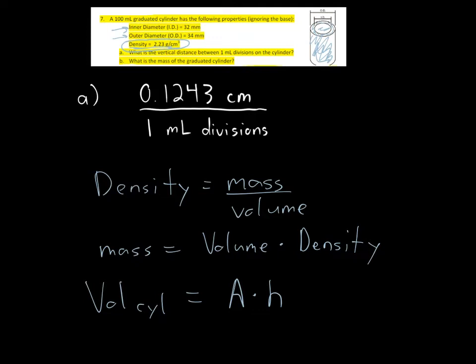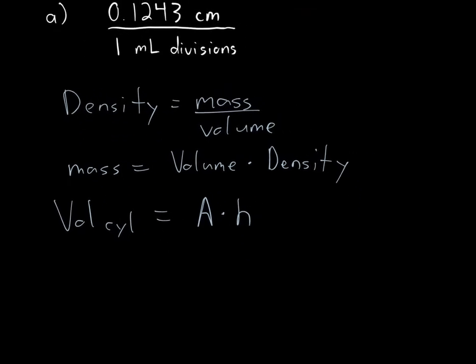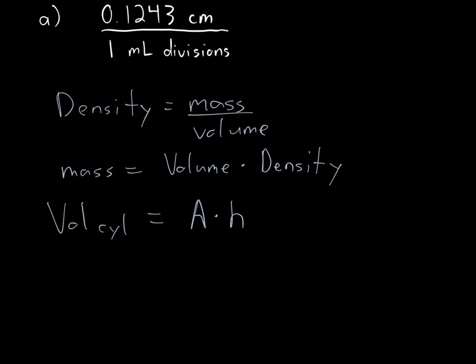So if we break that down even further, the area of a cylinder, let me create more space, would equal pi r squared, because on top of the cylinder, it looks like a circle.